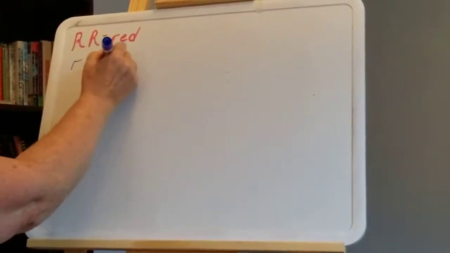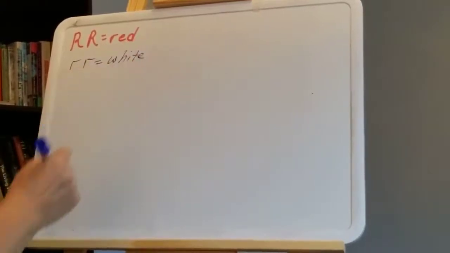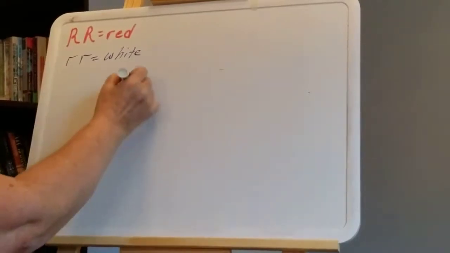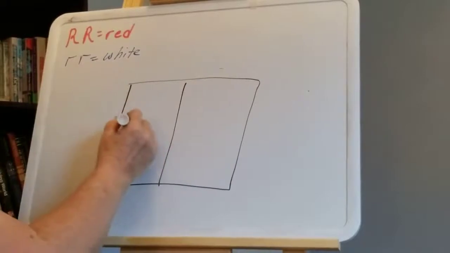Little r is going to be white. So, if you cross a red flower with a white flower, we're going to do a Punnett Square to see what those offspring are going to be.